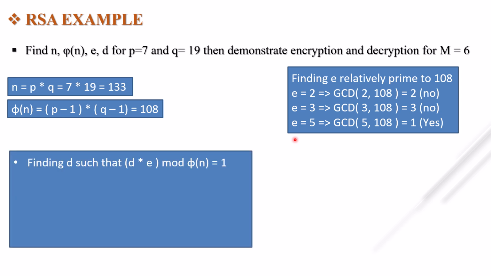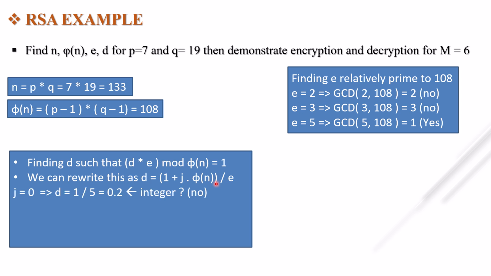Now we have to find D such that D is equal to (1 plus J into totient function of N) divided by E must be an integer, as I said earlier. By putting J equal to 0 first, we check. D is equal to 1 plus 0 into 108, so 1 divided by 5 is 0.2.